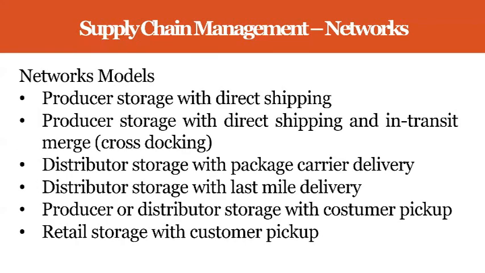Okay, let's proceed with the network models. So for network models, we have the producer storage with direct shipping. Then we have also producer storage with direct shipping and in-transit merge or cross-docking. Then we have distributor storage with package carrier delivery.